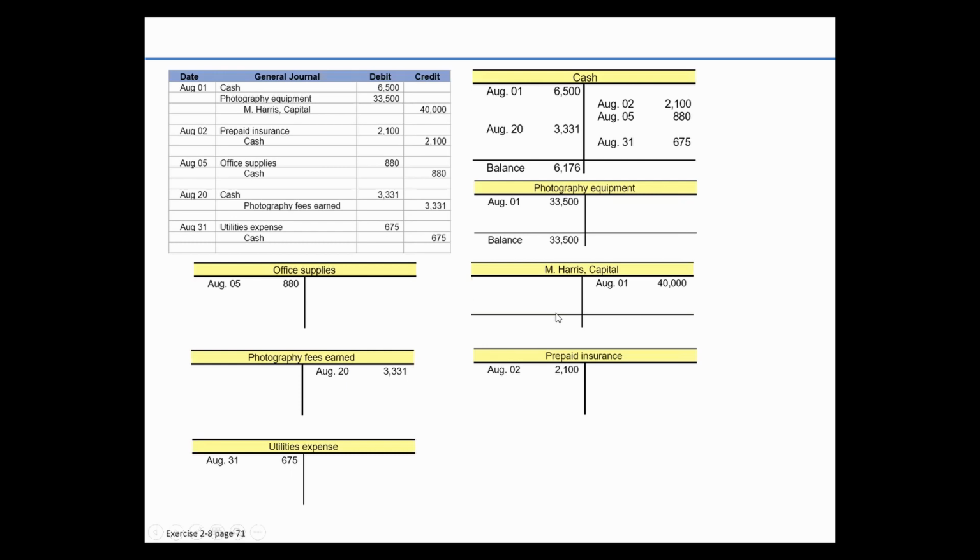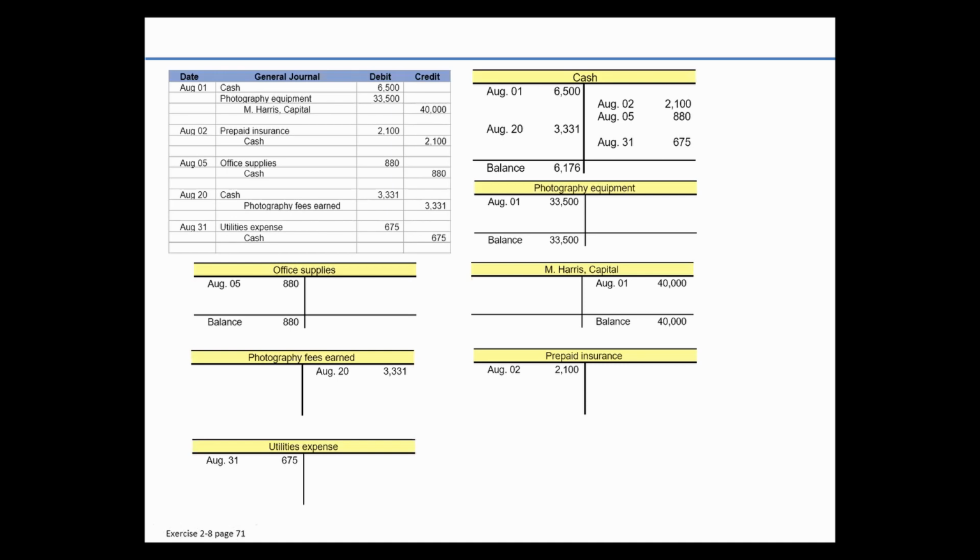Same thing here. Her capital didn't change at this point because we haven't done anything with that. So we'll just go ahead and bring that down. Same thing with office supplies. Now, later on, we'll have to figure out the expense, like what office supplies she used. So for example, maybe she had to send out some bills, and so she used some envelopes, and she used postage stamps, stuff like that.